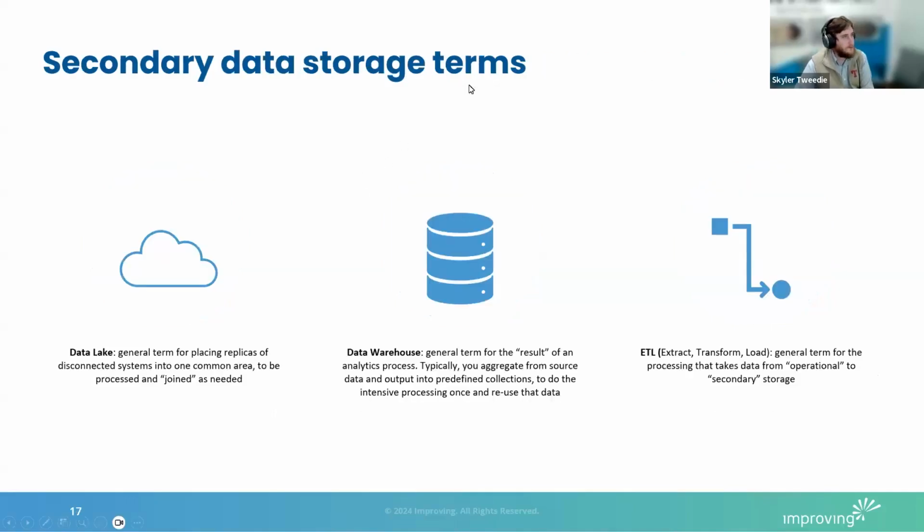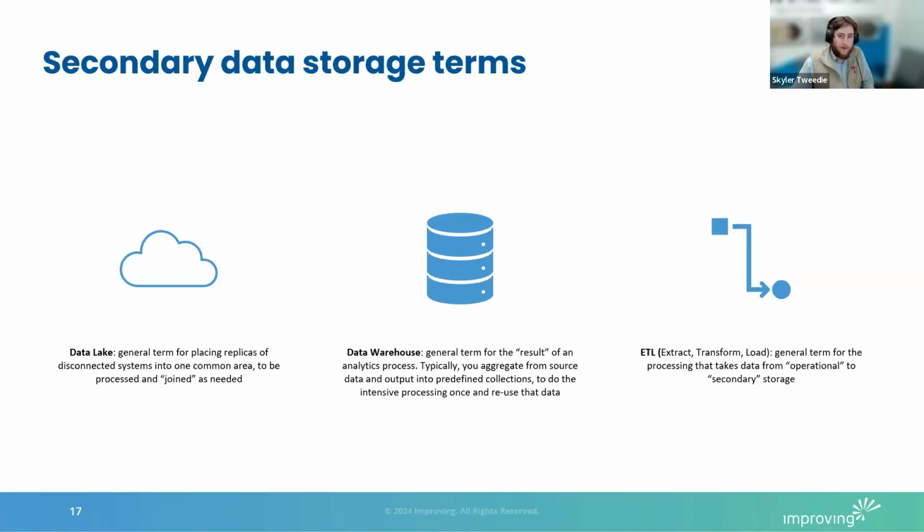Okay, so before we move on to secondary data storage, implementation specifics and some examples, I want to clear up some terms that I'm going to be using and are used a lot, kind of interchangeably. Data lake is just a general term for trying to commingle as much data as possible.